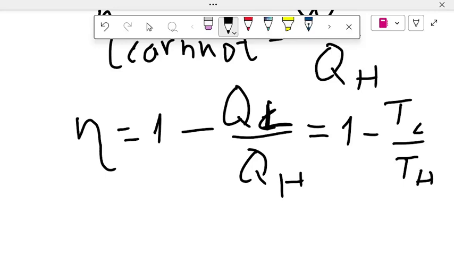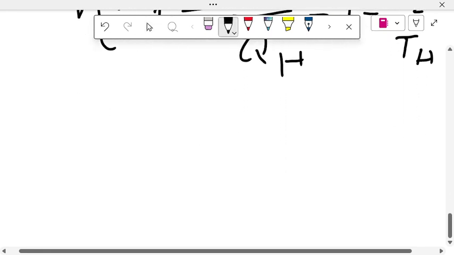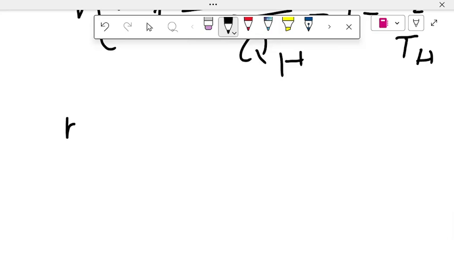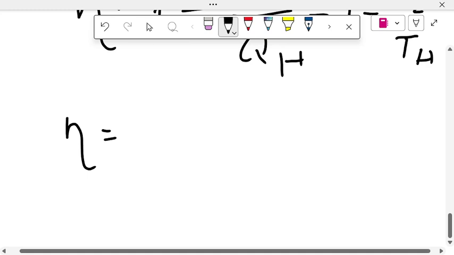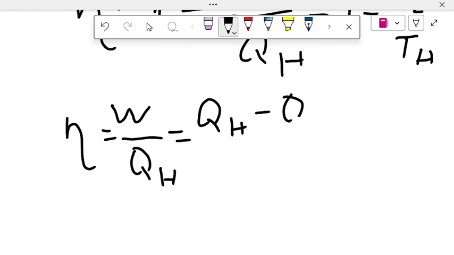In other words, they wrote efficiency equals work done divided by heat high, equals heat high minus heat low divided by heat high.